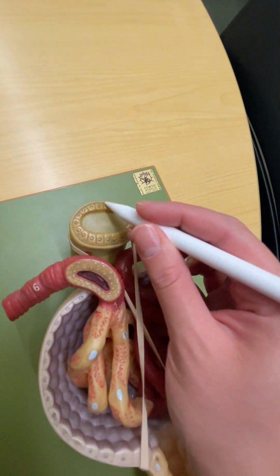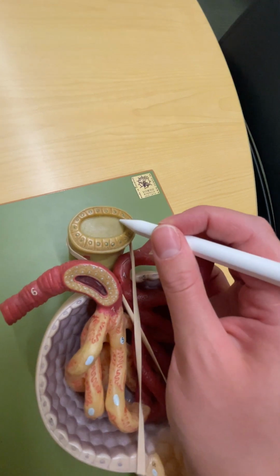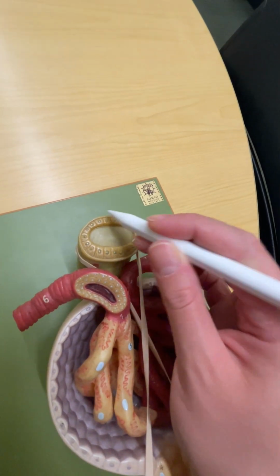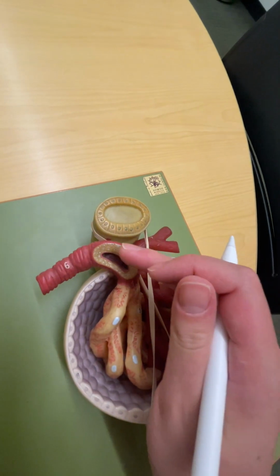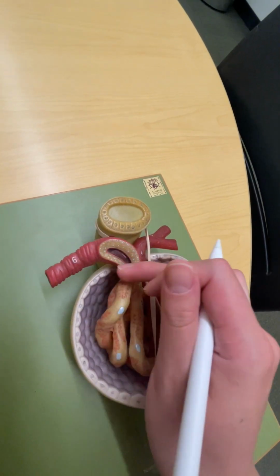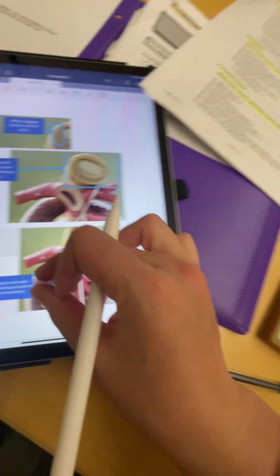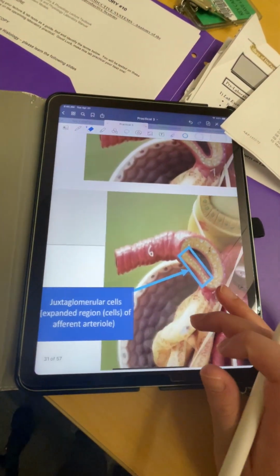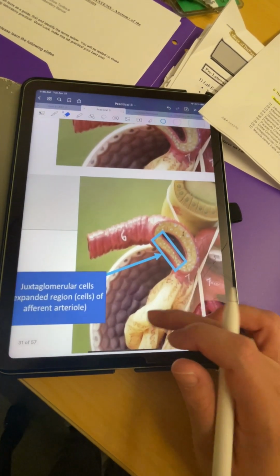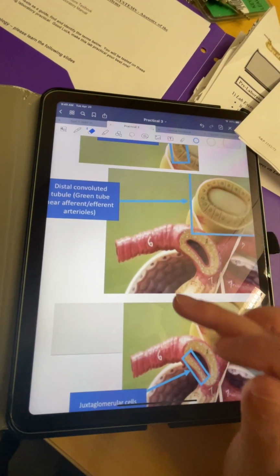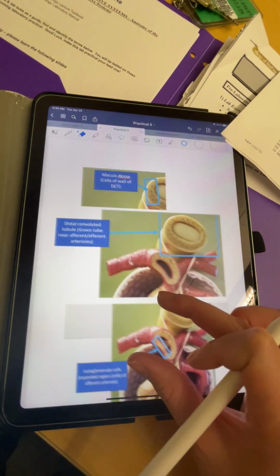So we have the proximal convoluted tubule in green with its macula densa cells. Then we have our afferent arteriole, number 6, with its cells here that we call the juxtaglomerular cells. The juxtaglomerular cells are part of the afferent arteriole.